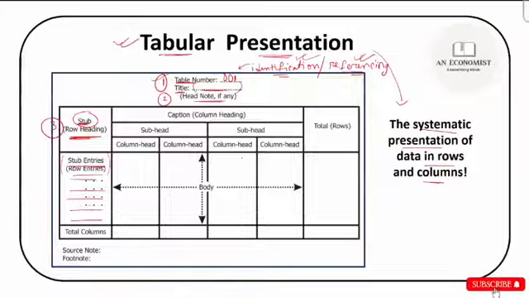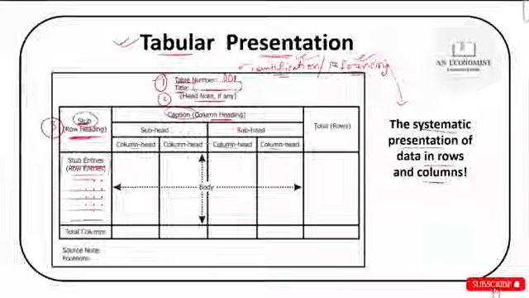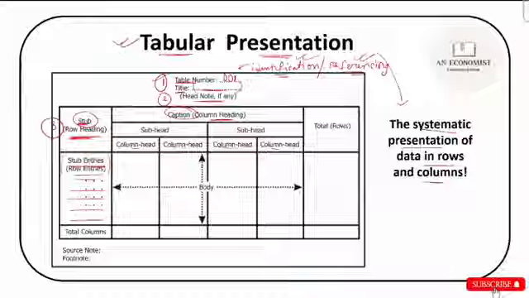And then you have here the column head, which is known as the caption. Column head is known as the caption, and the row head is known as the stub. In the column head, you will write the name of the column, and also the units of measurement. If you want to enter some numeric values in it, you have to write the numeric measurement scale here, like the units of measurement.